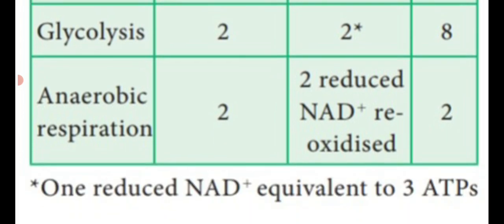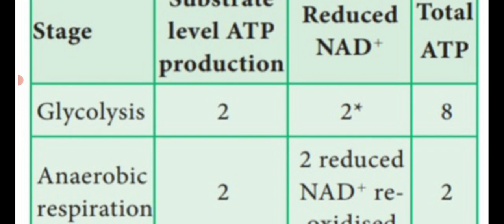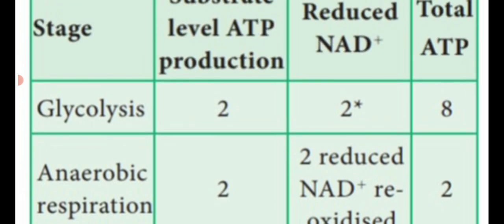In anaerobic respiration, 2 molecules of ATP are produced and 2 reduced NAD are reoxidized. So only 2 ATP molecules are produced. They have given the star mark: 1 molecule of NADH gets reduced into how many molecules of ATP? 3 ATP. So 2 times 3 is 6 molecules of ATP plus 2, so 6 plus 2, 8.